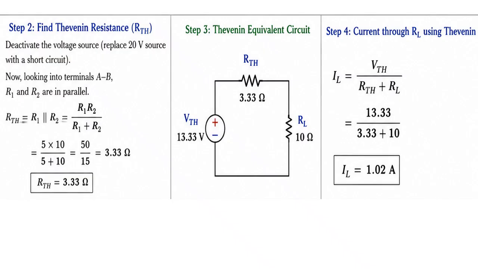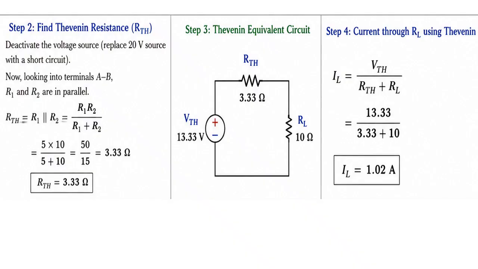So we can write the parallel formula as R1 into R2 by R1 plus R2. By substituting the values of R1 and R2 in the above equation, we can calculate the Thevenin's resistance RTH equal to 3.33 ohm.